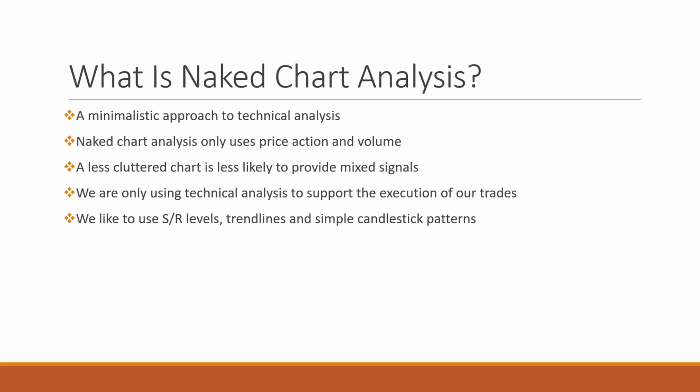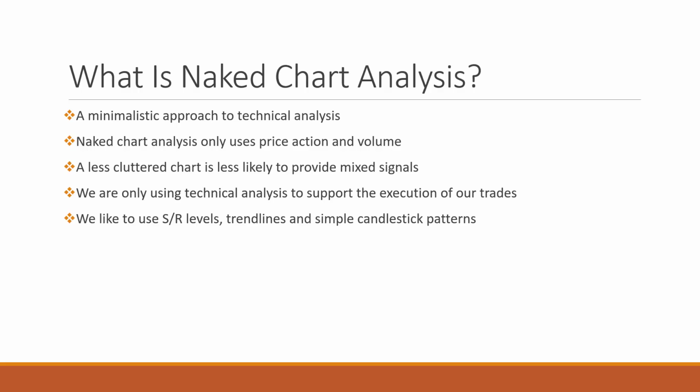And one of the other issues that I found is that when you have multiple indicators, you have a higher risk of getting mixed signals, especially if the technicals are the primary way that you trade. For us, it's the fundamentals. The fundamentals dictate what direction we're trading in, and then we use technicals. But other traders prefer to use technicals as their primary tool.